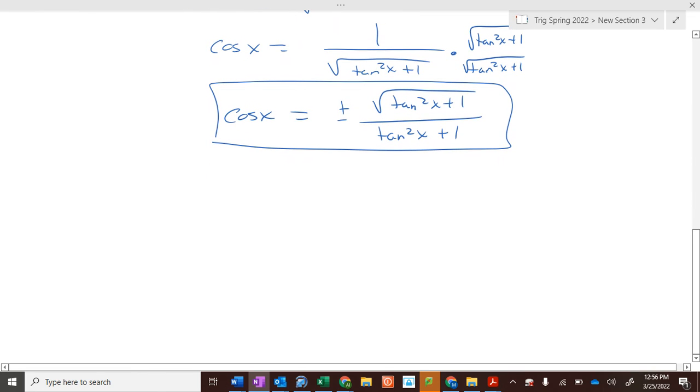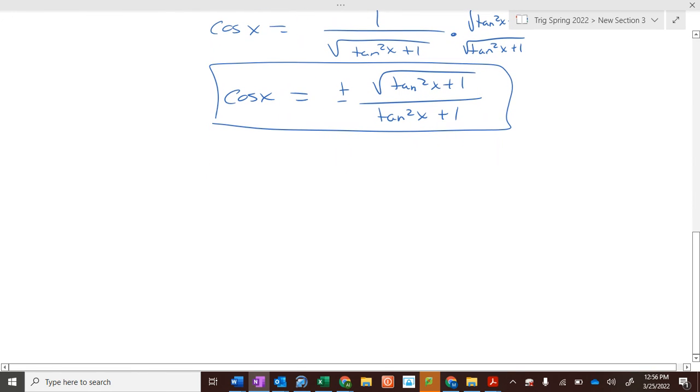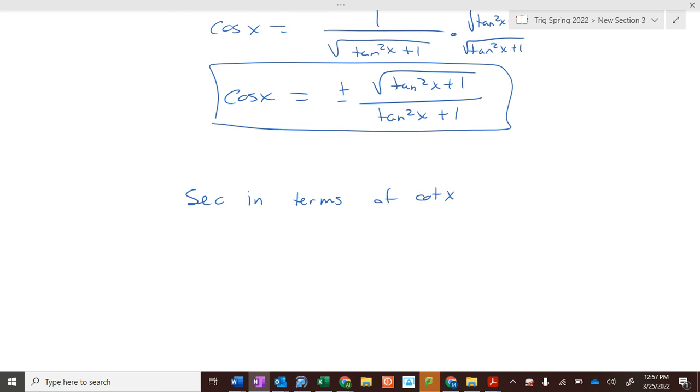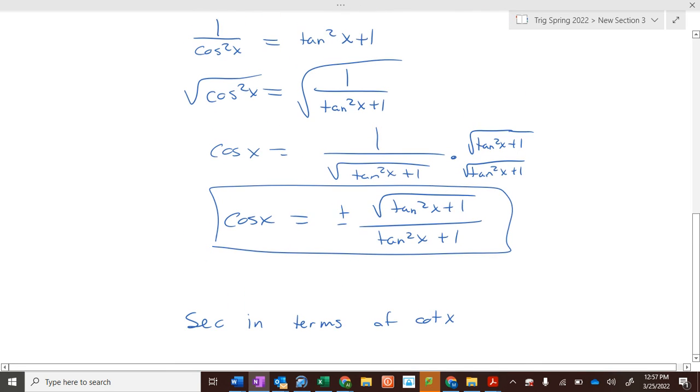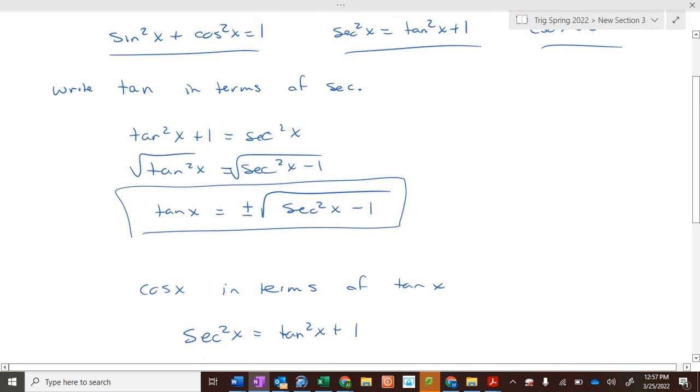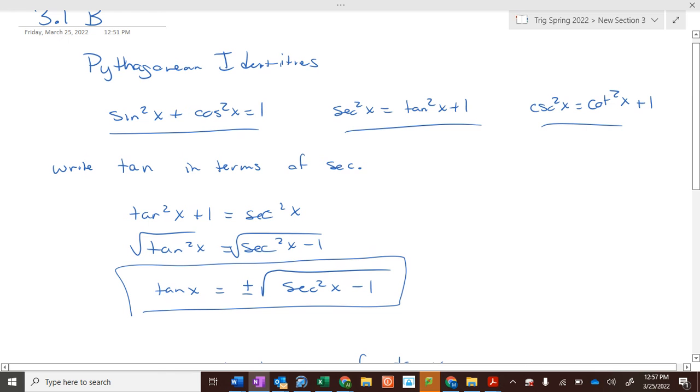Let's write secant in terms of cotangent. Ooh. Secant in terms of cotangent. Now, in the secant one, what does secant have going with it?